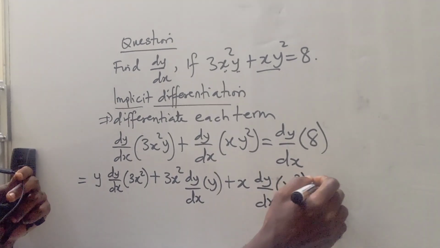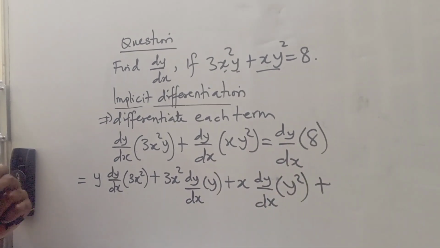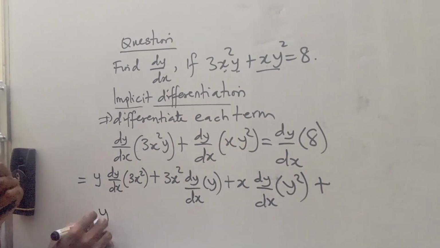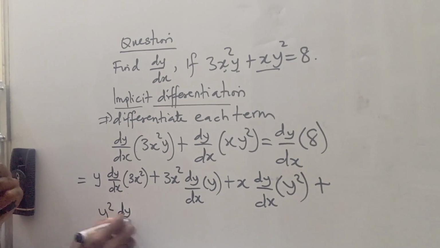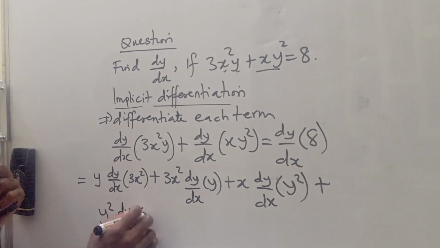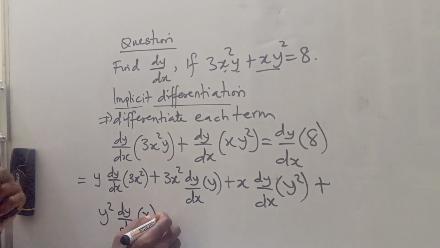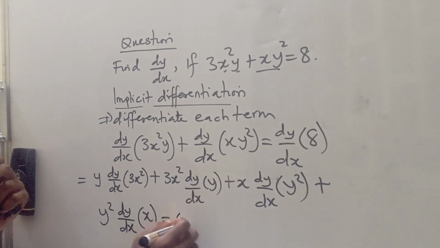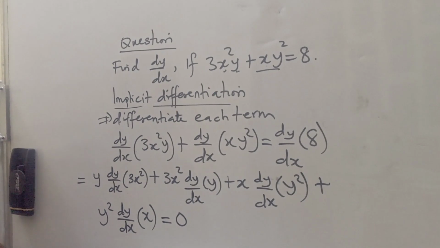Plus, we keep y squared and differentiate x. Is equal to what? If we differentiate 8, we know that it is 0. Okay, so that's our step.